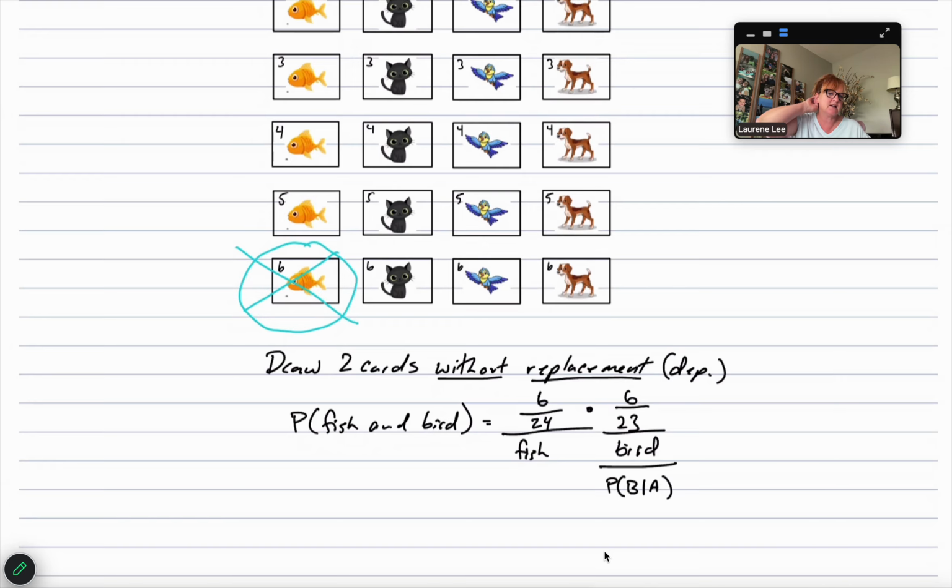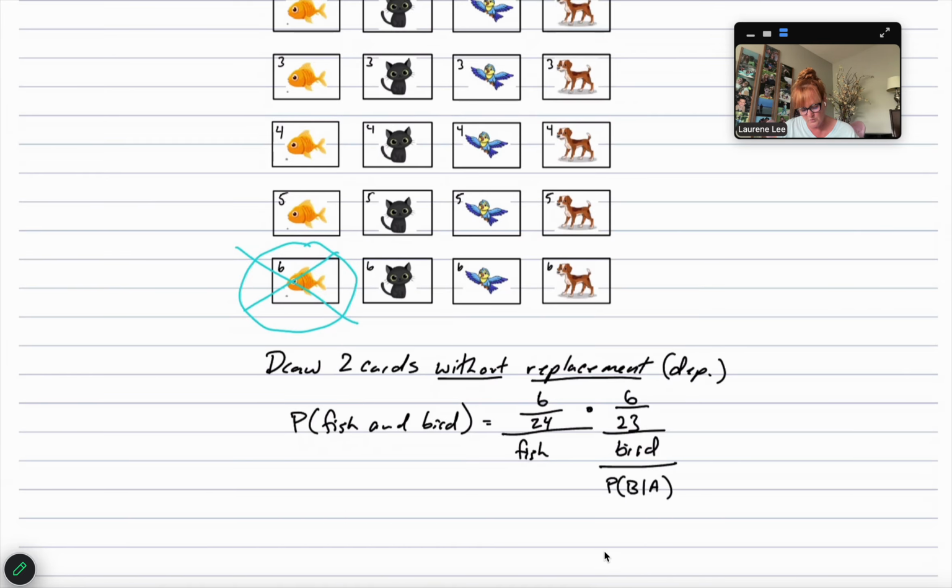So a lot of times when I'm talking about these problems, I don't actually articulate the formula of probability of A times probability of B given A. I just say multiply and adjust for replacement. You're just going to take these two as 2 individual events, you're going to multiply, but you're going to adjust for replacement or not.